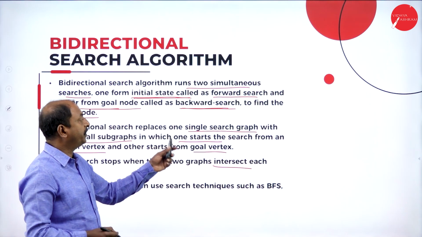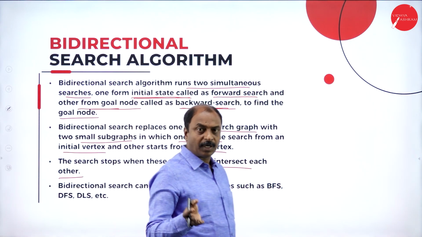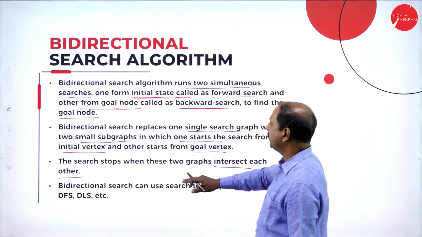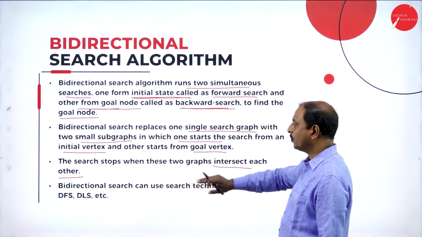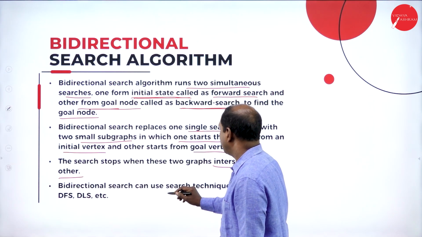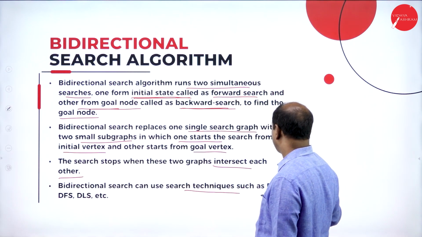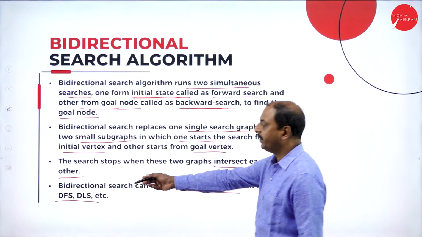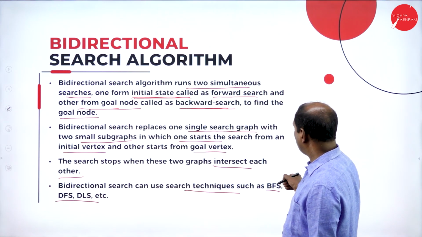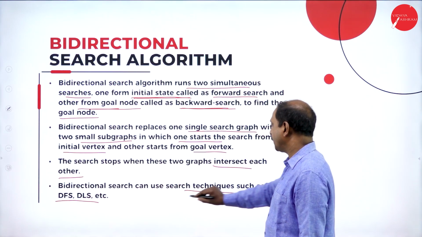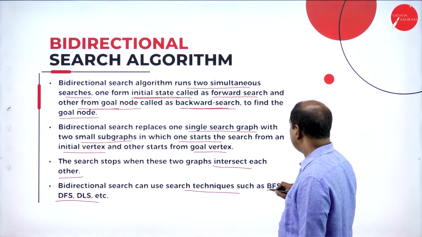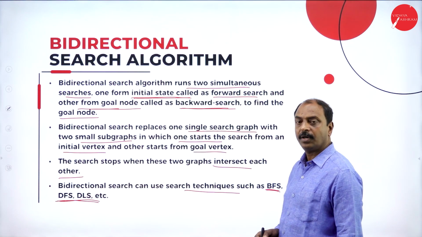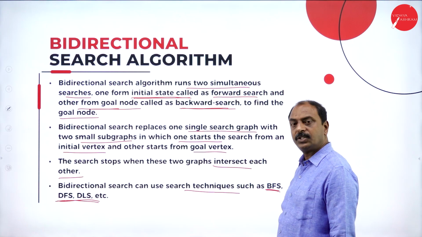So when they intersect, at that point it stops searching for the goal node. It can use search techniques such as BFS, DFS and DLS. We have already seen the definitions and explanations of all these searches, so it makes use of the different techniques used in these algorithms. So this is the bidirectional search algorithm.